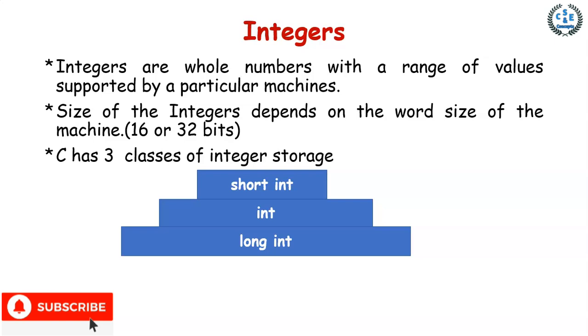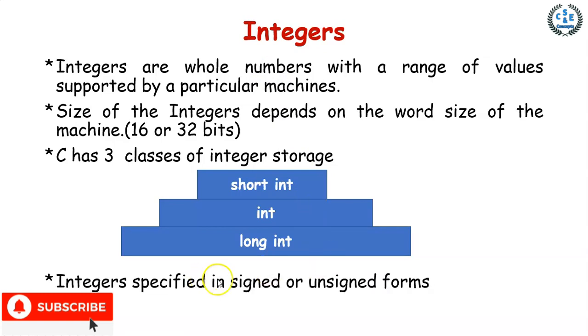Short integer represents small integers and requires half the amount of storage that a regular integer uses. And integer represents a higher range and requires half the amount of storage that a long integer uses. Integers are specified in signed or unsigned form.